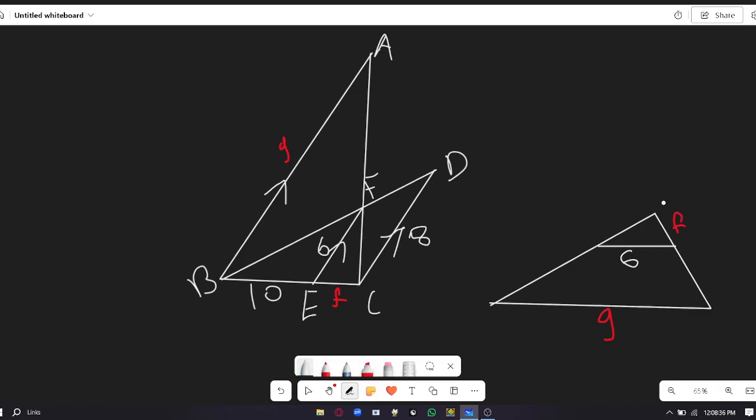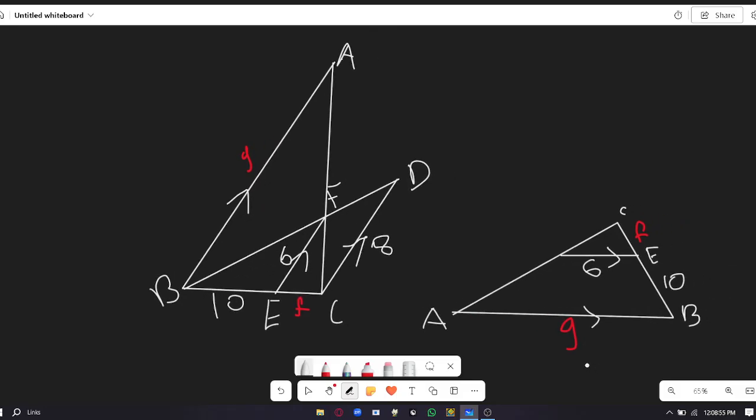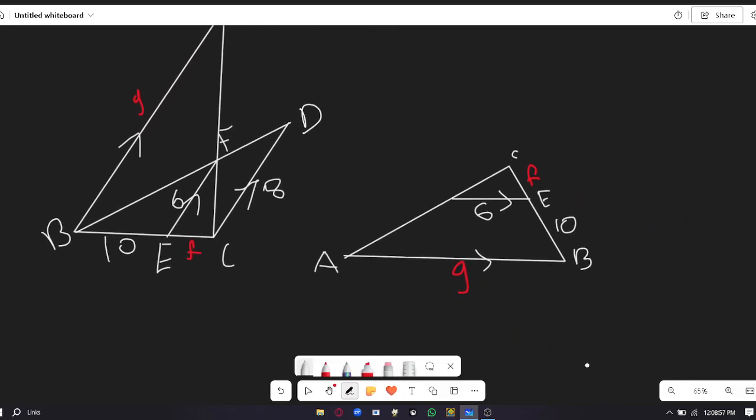Now the labeling. This top is C. This is E. This one is 10. This is B. This is A. This line are parallel. Let's see what we can find out from this value, right?